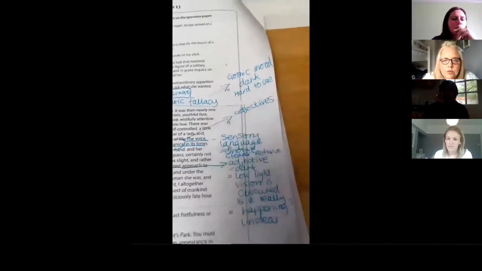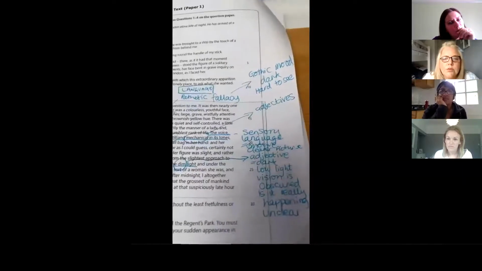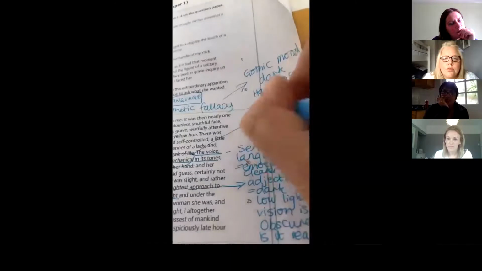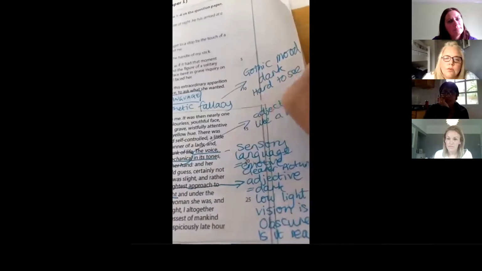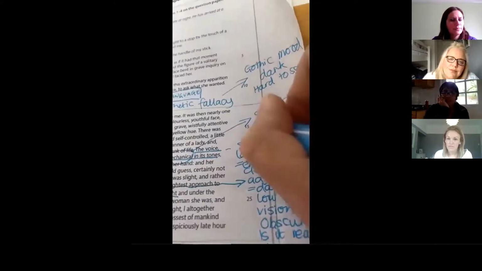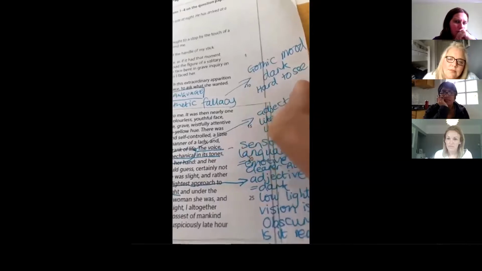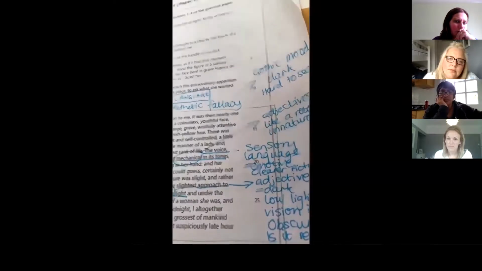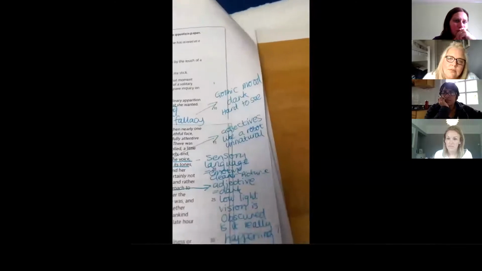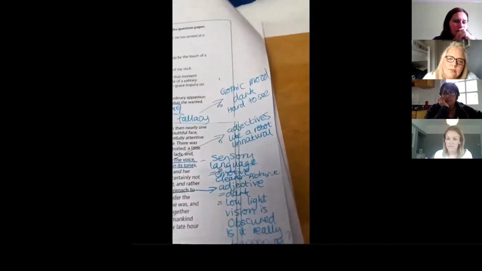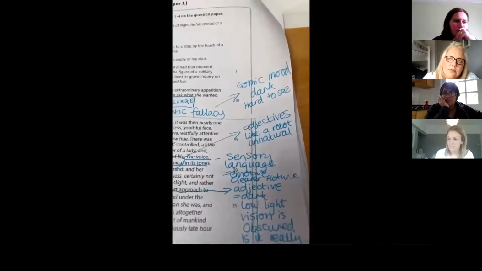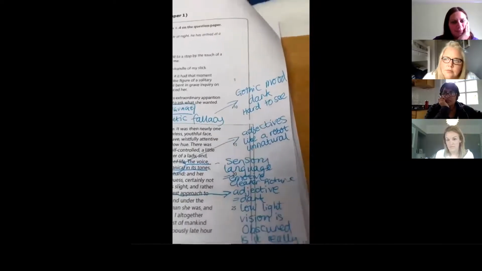Sorry, Yonita, what did you say? Like a robot? Could it be? Brilliant. So it makes her seem unnatural? Yeah. She doesn't seem human, does she? If she's mechanical, it makes her sound like a robot, like she's unnatural.